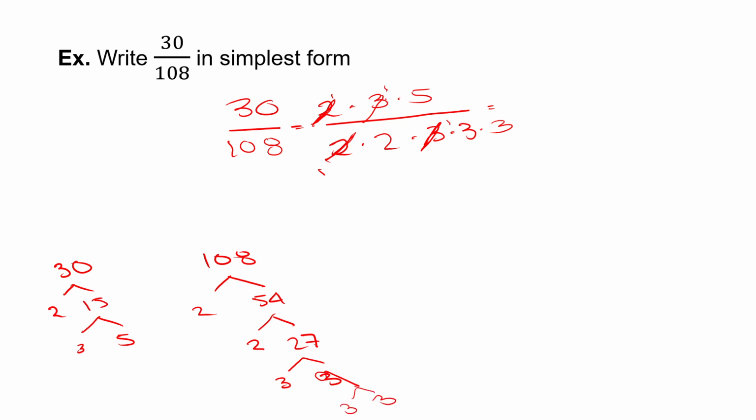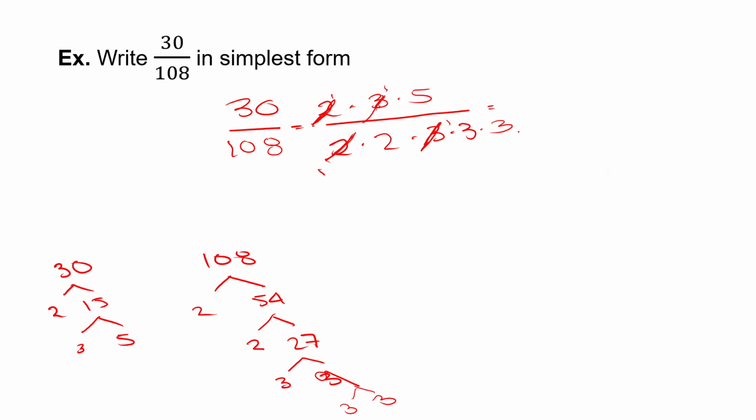Now you might be wondering, hey, we can still cancel 3 and 3 out together. However, this pair of 3s are both in the denominator, and we cannot cancel bottom and bottom, only top and bottom, or bottom and top. Not top, top, bottom, bottom. Sounds like a song.